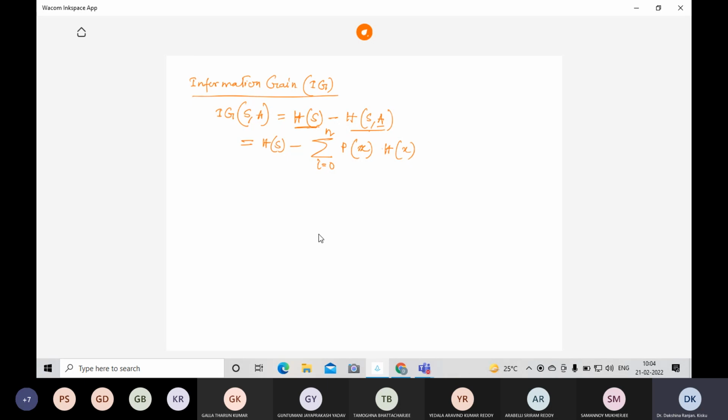If we have n number of class information, so based on this attribute we can have n number of classes, then this summation will be computed n times.